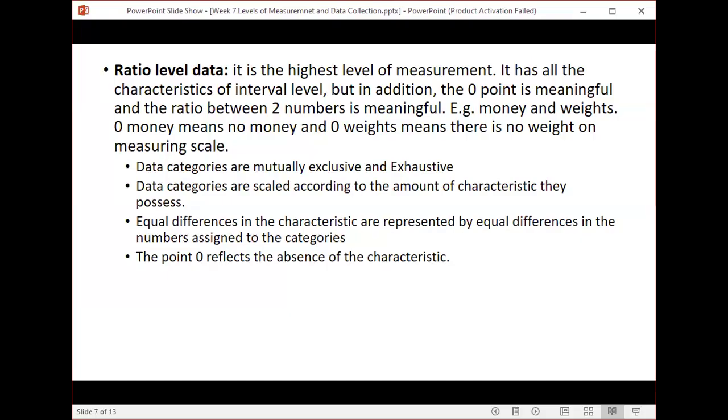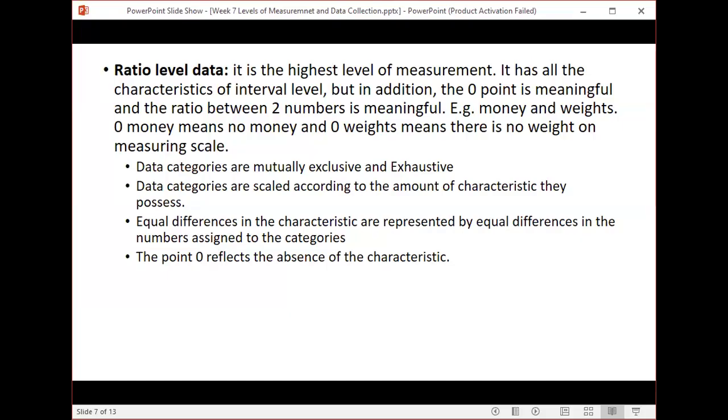Okay, so any ratio, we understand it because it's also an interval. Ratio is 1 and 2, or 2 and 4. It's an interval. It's 2 to 5 or 10 to 20 or whatever it is, an interval, right? But the 0 point is meaningful because it is representing the absence of the characteristic. Okay.